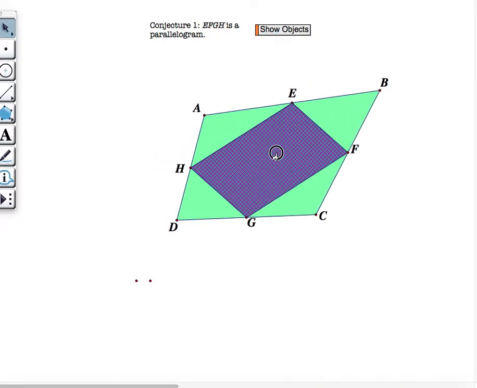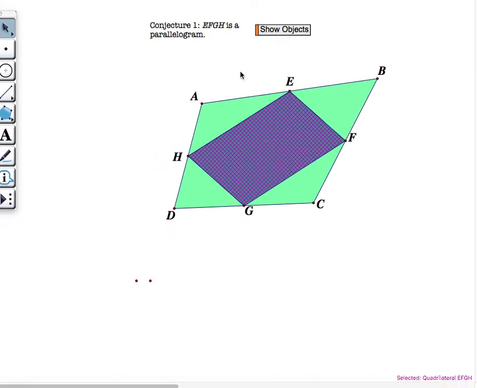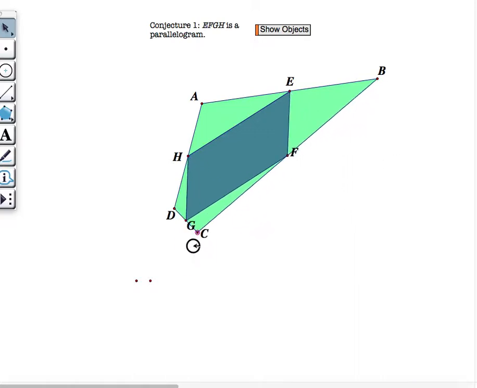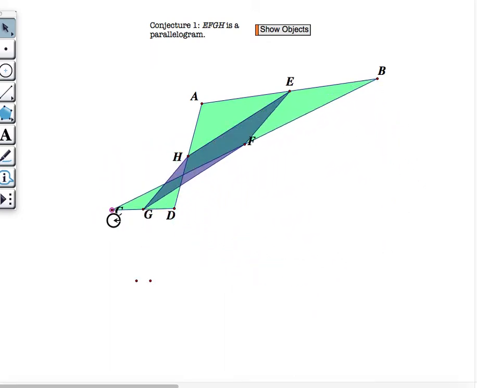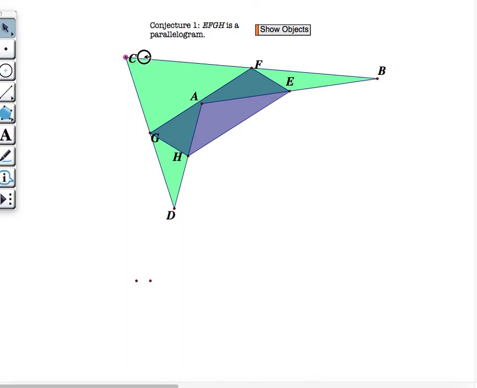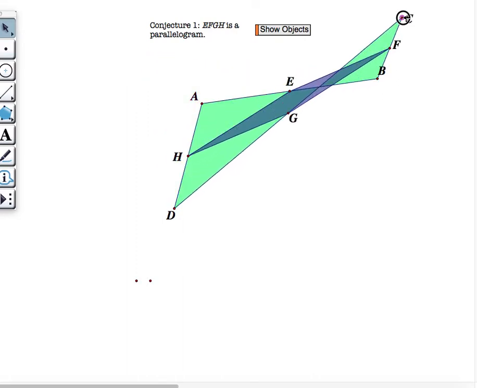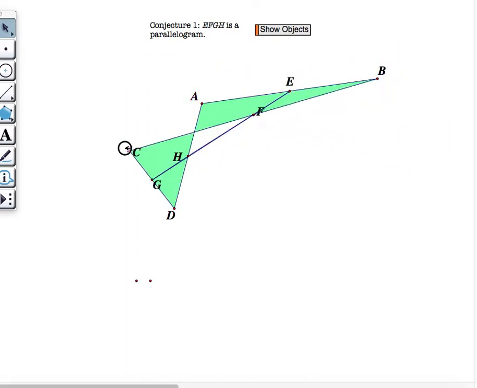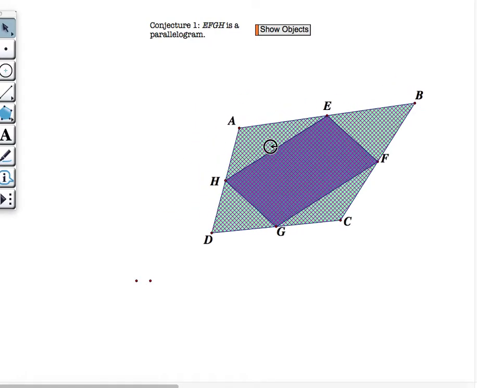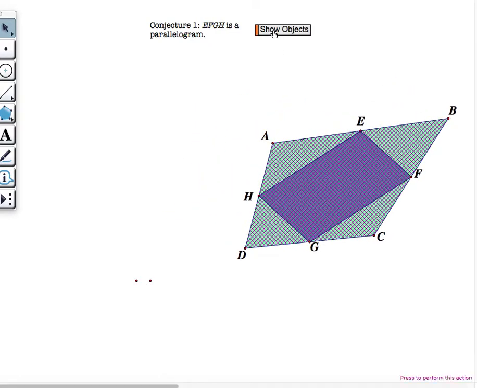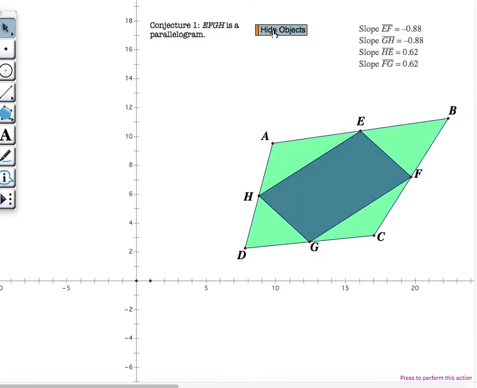My first conjecture is that EFGH, the midpoint quad, is a parallelogram. You can see dragging the vertices around that it does appear to be a parallelogram, and students are encouraged to provide empirical justification for their arguments, so I'll do the same.